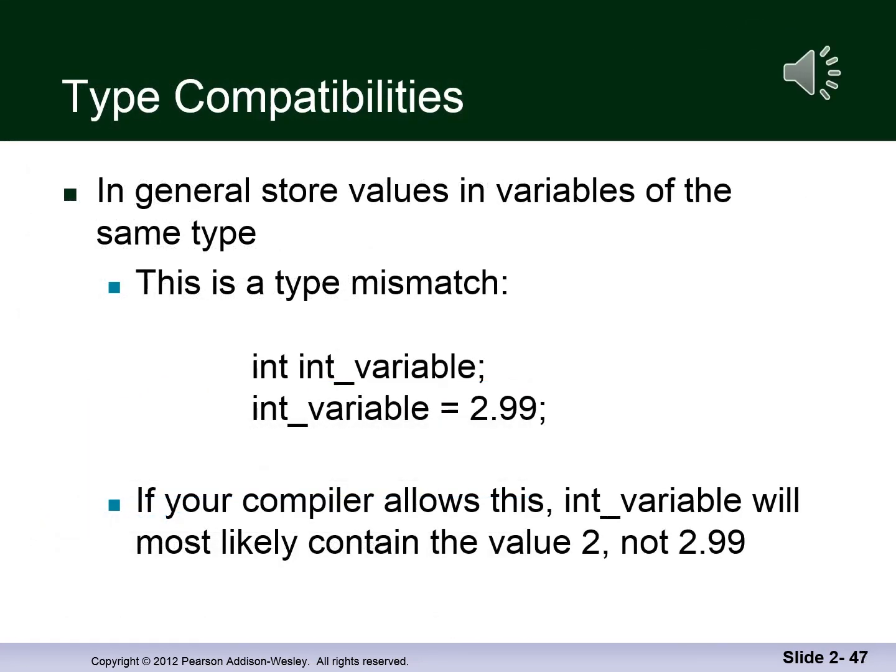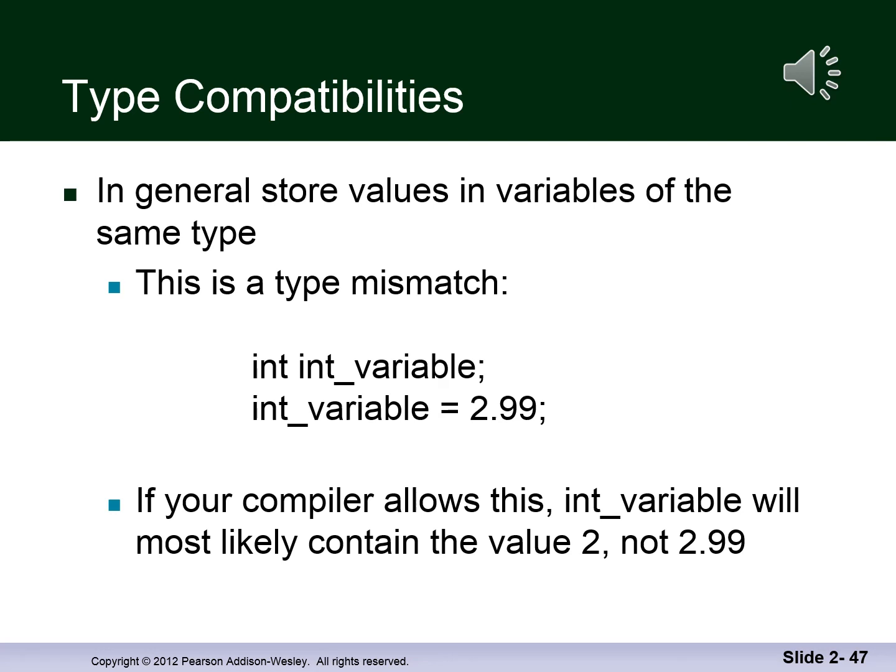You want to be careful to store values correctly in the correct variable type. The example given here is what's called a type mismatch. We declare an integer called int variable, and then we assign 2.99 to int variable.